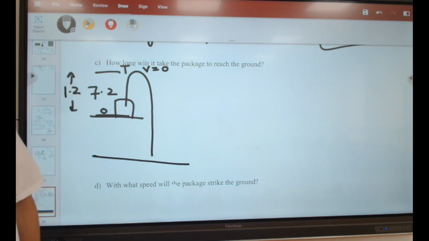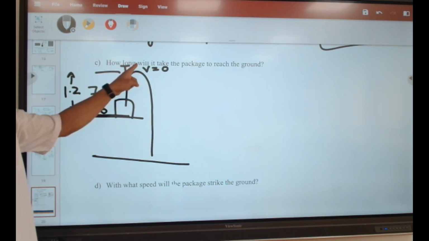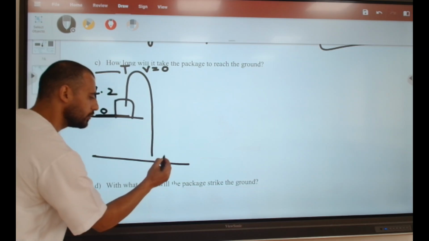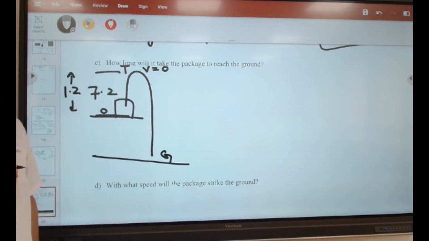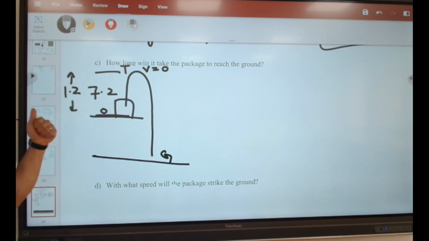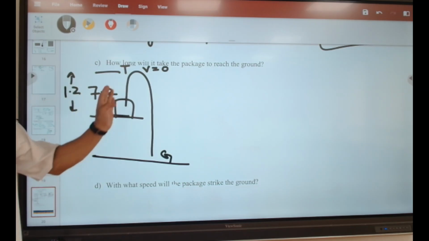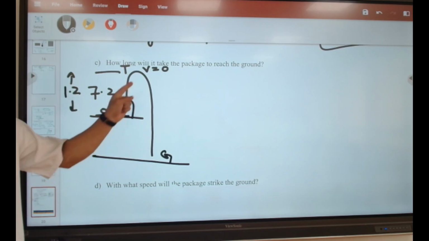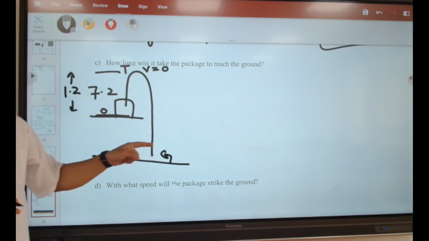If we calculate the time to come from top to the ground, whatever time this will be, if we add that time to 1.2, we will get the total time. So let us calculate how much time it takes from top to G.